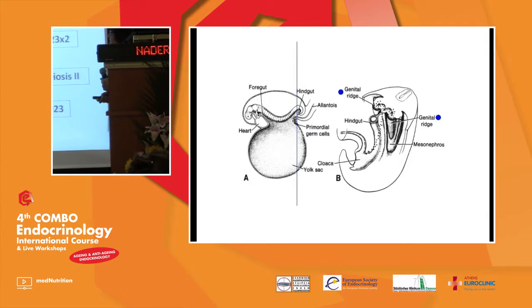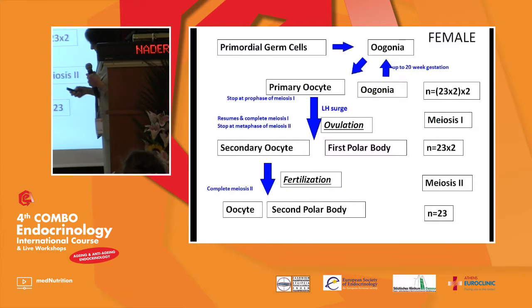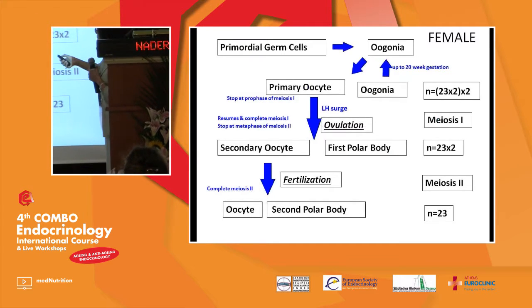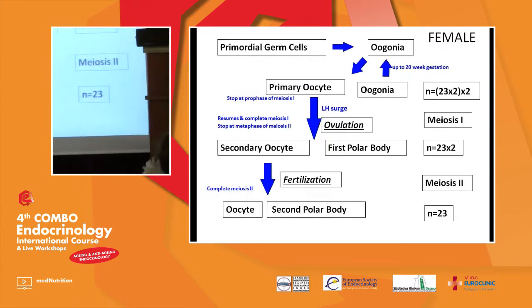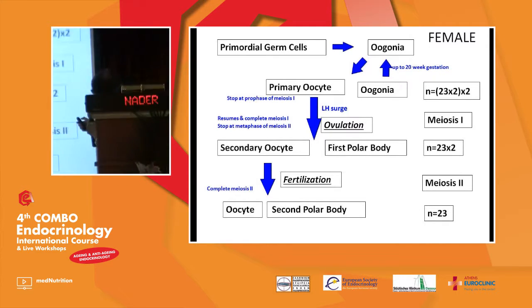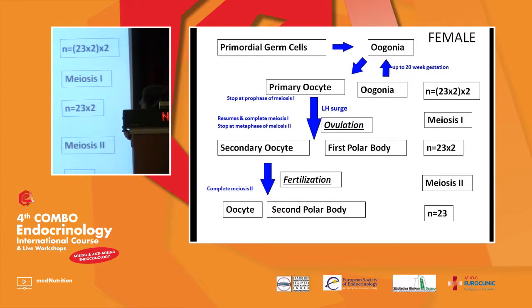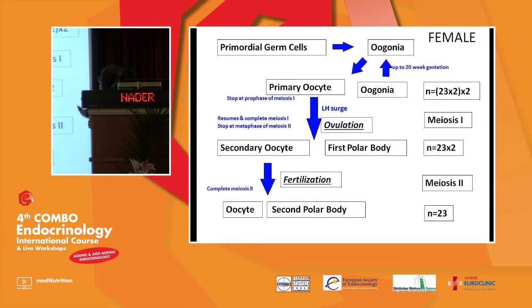In the absence of a Y chromosome, ovaries are formed, and the primordial germ cells change into oogonia, and the oogonia multiply by mitosis up to the 20th week of gestation.